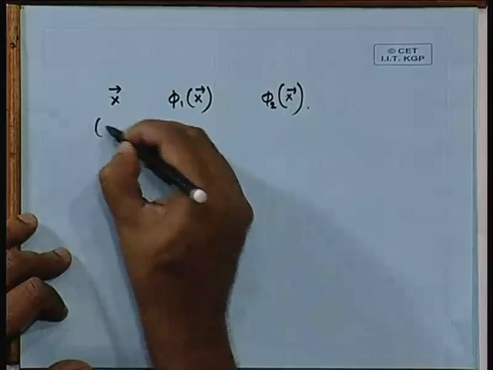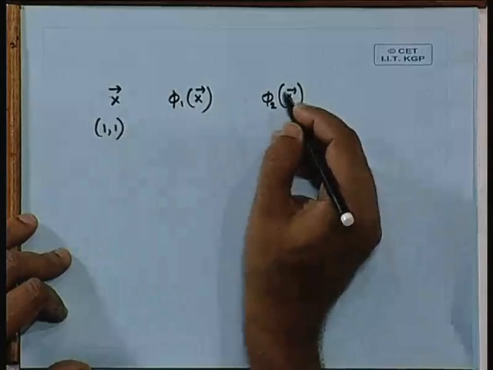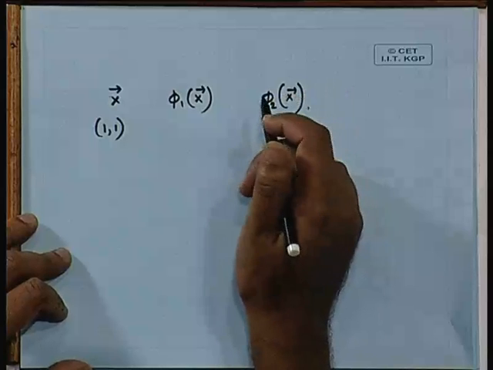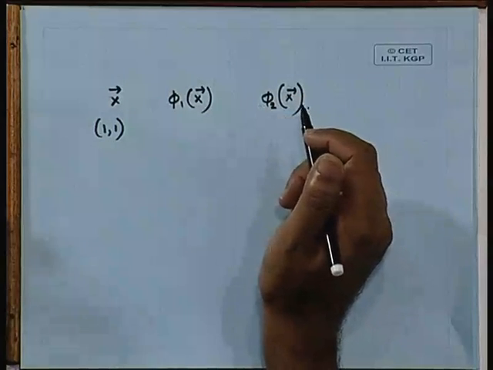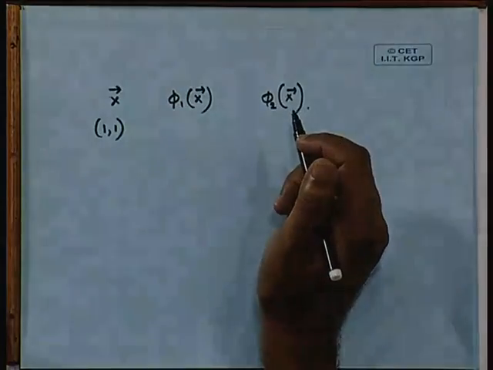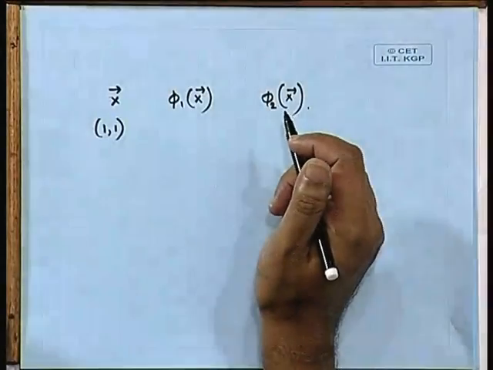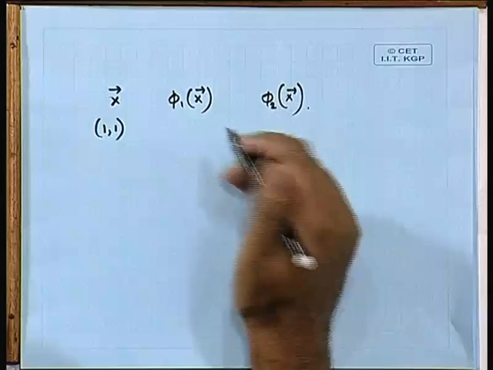And when x vector is equal to 1 1, then phi 1 vector gives what? A value of? No, e to the power 0. E to the power 0 means the phi 1 value is equal to 1. Okay.